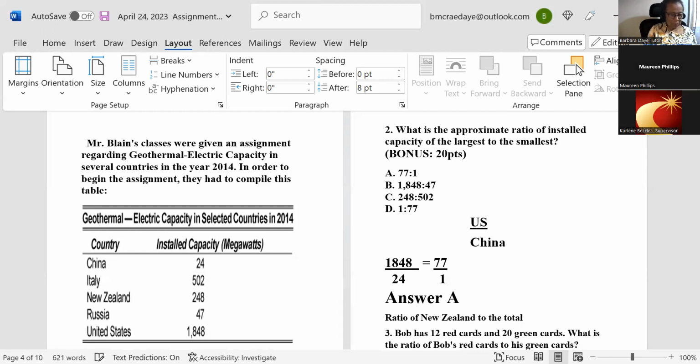Find the ratio of New Zealand to the total.